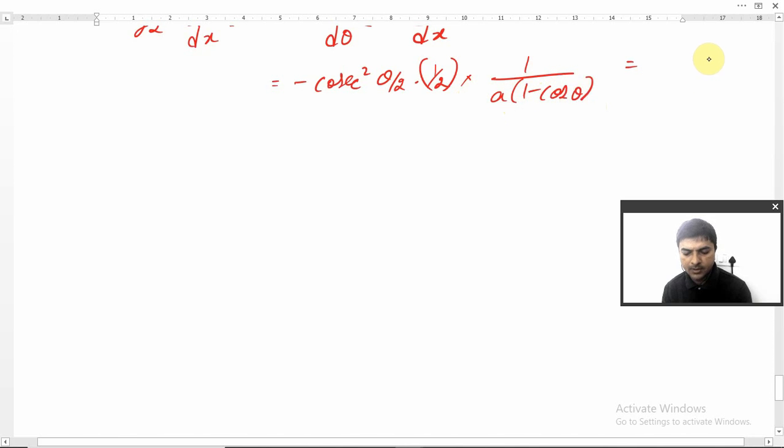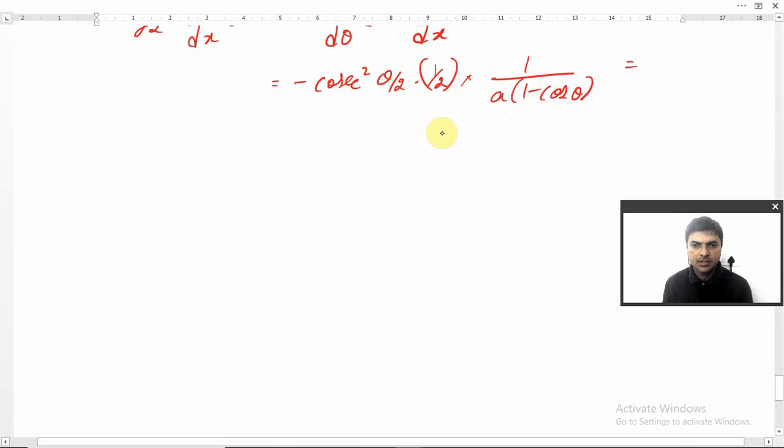So if you simplify, you will get this. Again, cosec square theta by 2 is nothing but 1 upon sin square theta by 2, students, please remember, and 1 minus cos theta is nothing but again 2 sin square theta by 2.